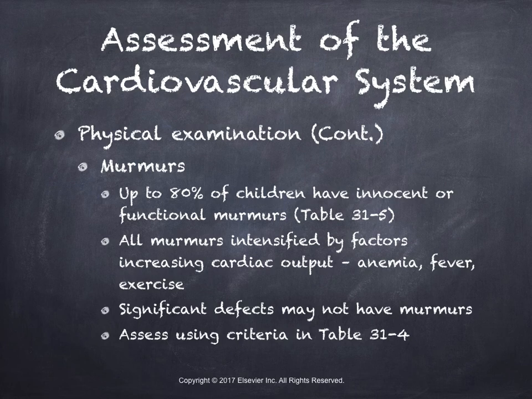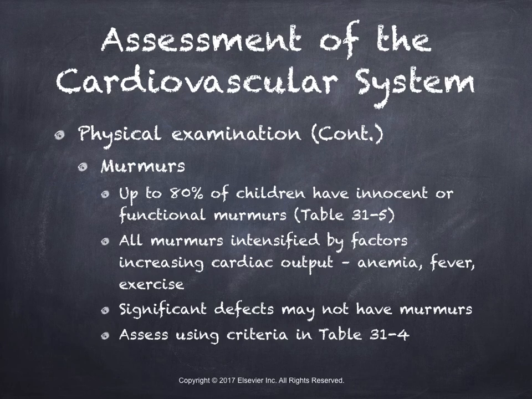And those include anemia, where there is a lower hemoglobin level, which leads to decreased oxygen carrying capacity and increased heart rate to compensate for that. In addition, the blood is thinner and moves more freely through the heart and vessels, and that increased rate with the thinner blood can cause a noise.